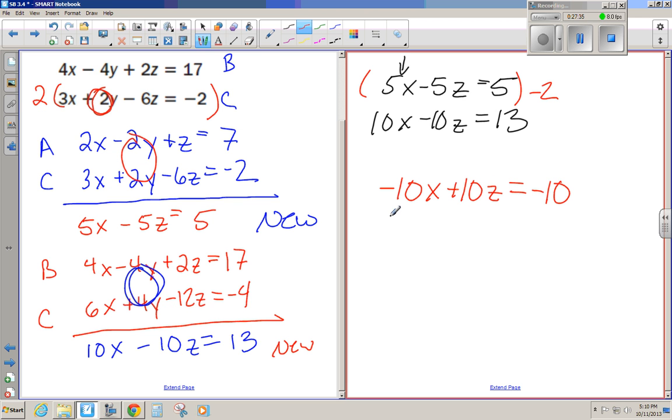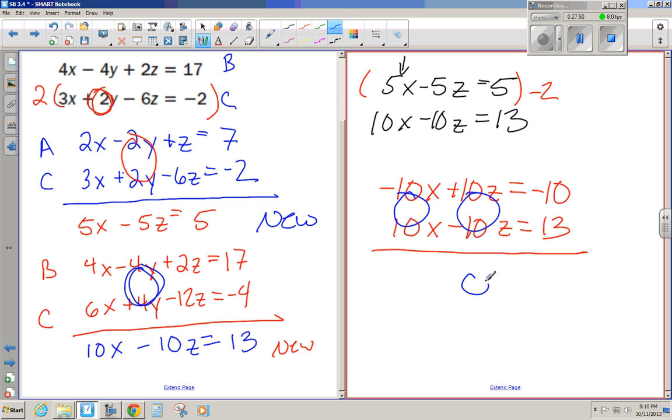And the bottom equation stays the bottom equation. So I combine like terms, becomes 0, becomes 0, 0 equals 3. This is false.